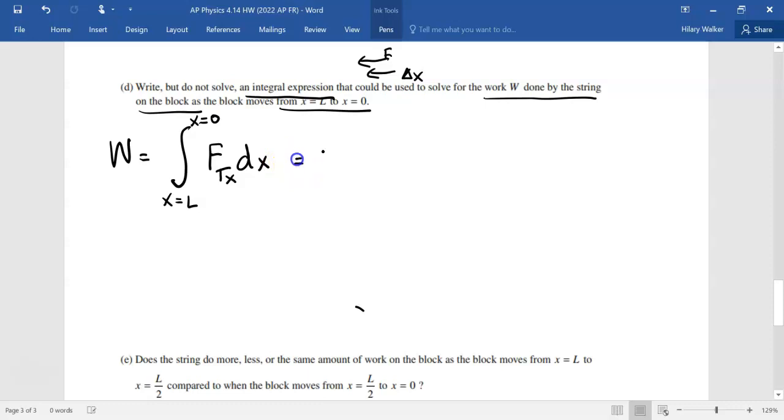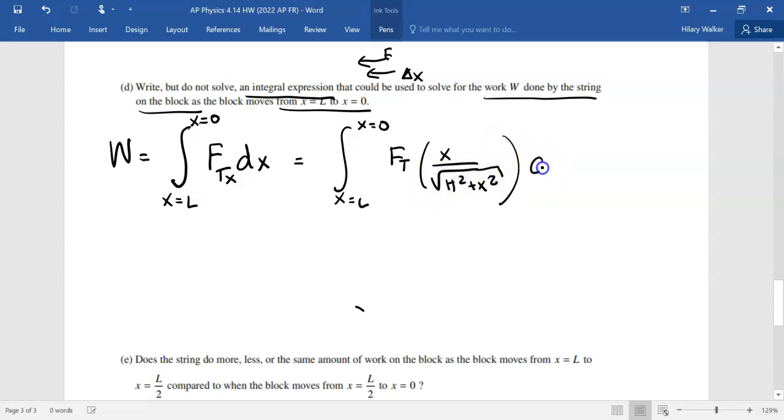Now let's plug in what FTX is. FTX, which we already found in our previous part, is going to be FT times x divided by square root of h squared plus x squared, and we will integrate with respect to dx. For this problem, you get 1 point, this is actually out of 3 points, for identifying that you need to use FTX, just the horizontal part of the force on the string.